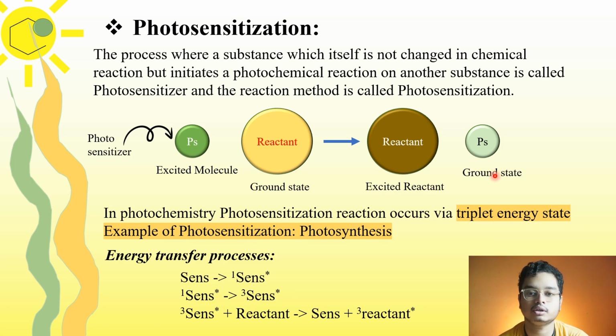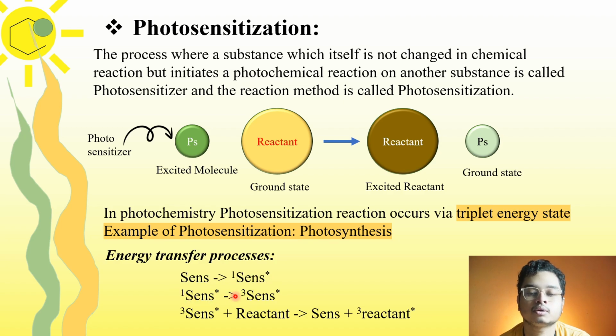And if you want to know about a real life photosensitization process, we can say photosynthesis, where chlorophyll works as a photosensitizer. So how is the energy transfer observed in a photosensitization reaction? First, the sensitizer takes the UV or electromagnetic radiation to get to the singlet excited state.